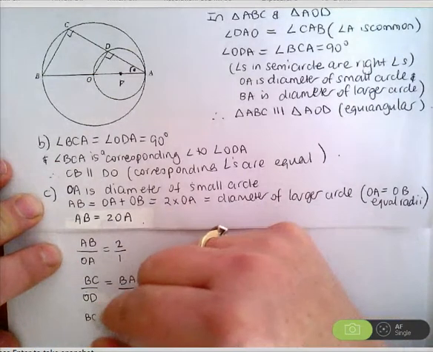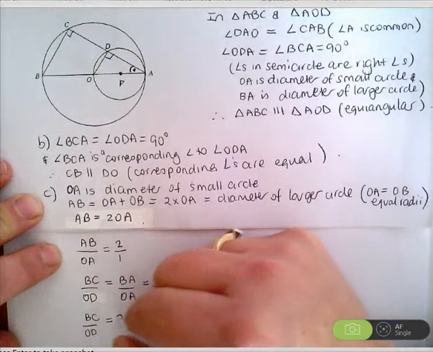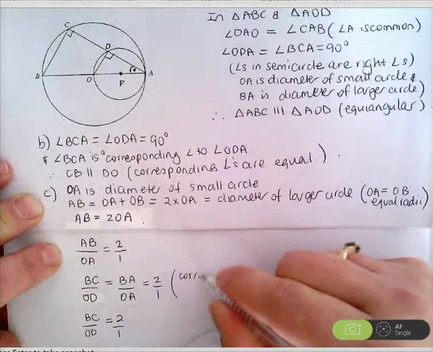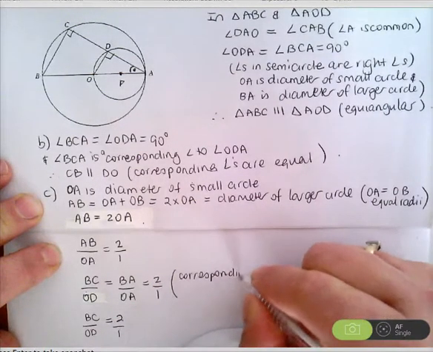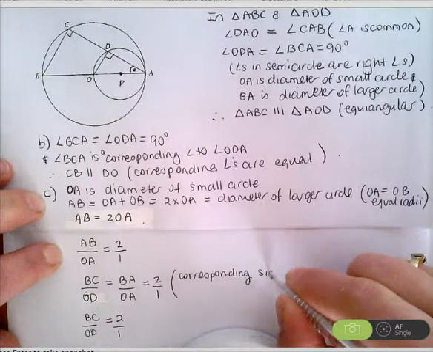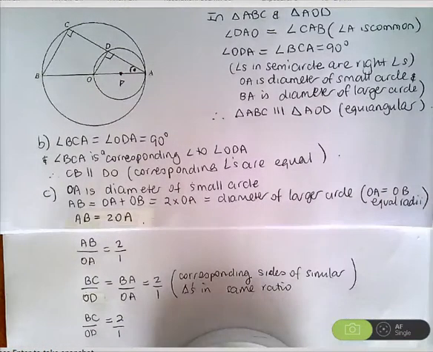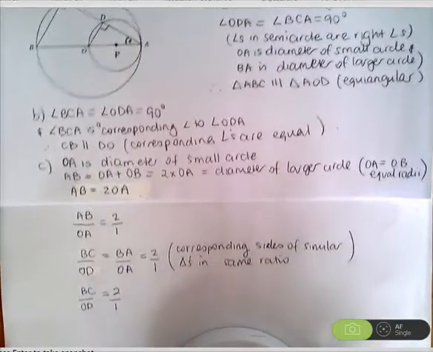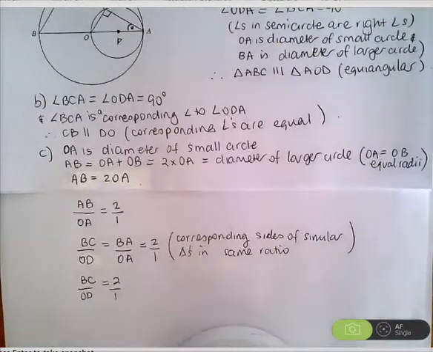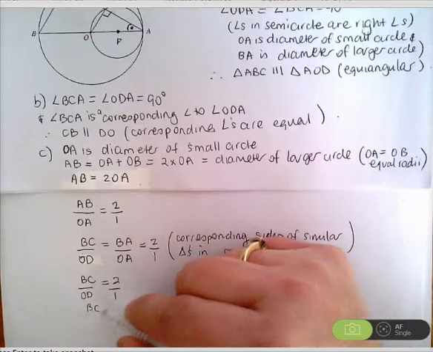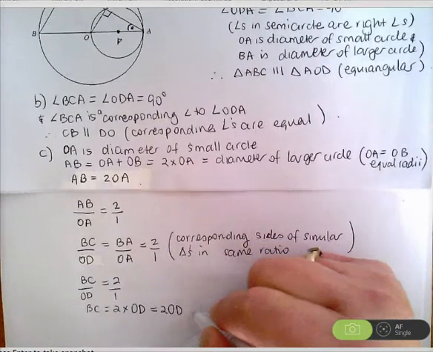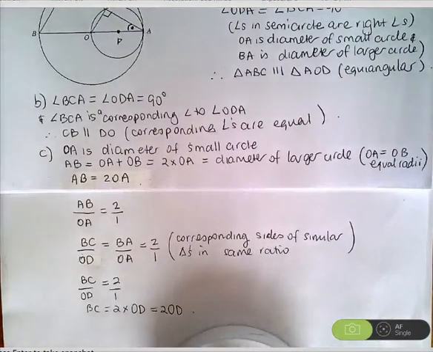So therefore BC over OD equals 2 over 1. The reason is corresponding sides of similar triangles will be in the same ratio. So BC equals 2 times OD, which is what we were required to prove.